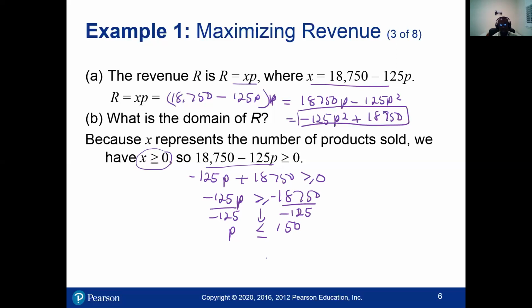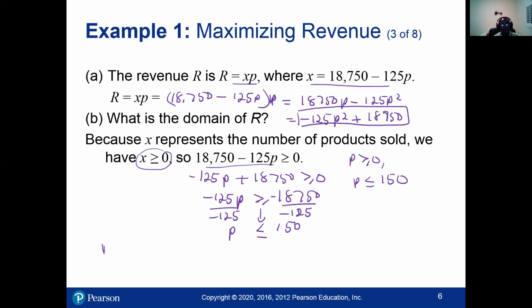So we know that this will be the domain of this function. We know that P, the price, is definitely greater than or equal to 0, and then we just found that P is also less than or equal to 150.